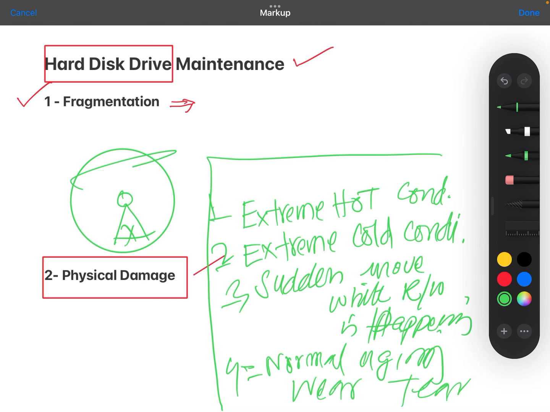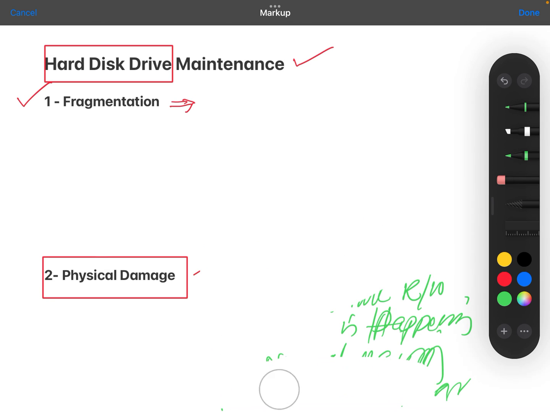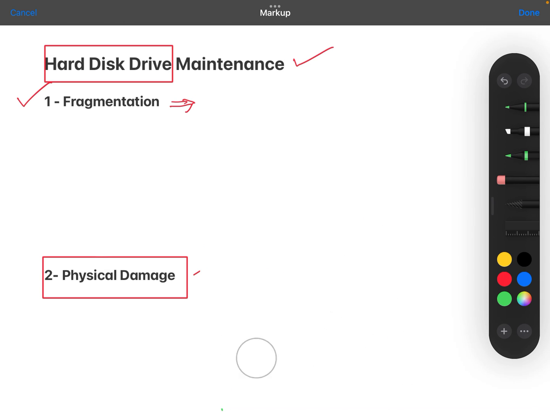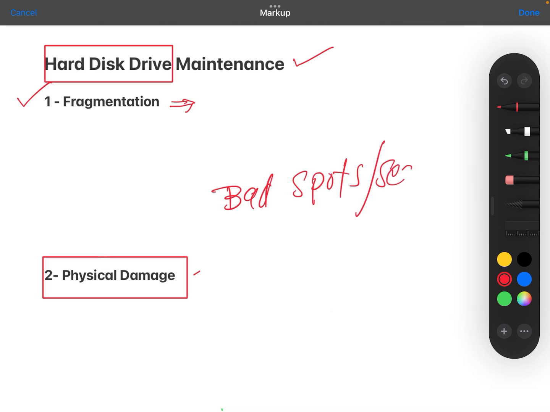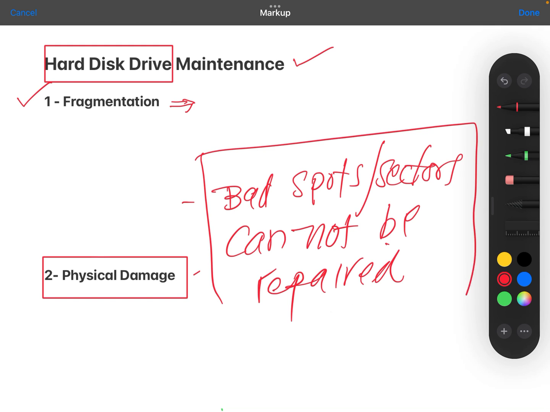Now, how do we repair those? How do we repair the bad sectors and bad tracks? Can they be repaired? The answer is that the bad spots or sectors on the hard disk drive cannot be repaired.